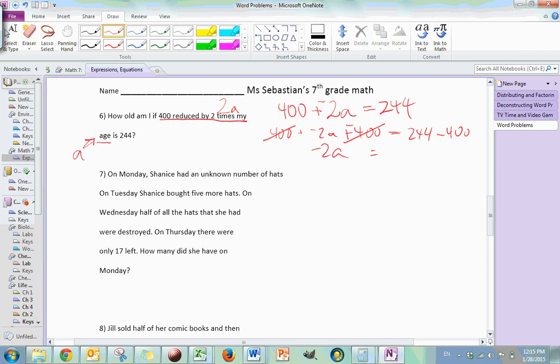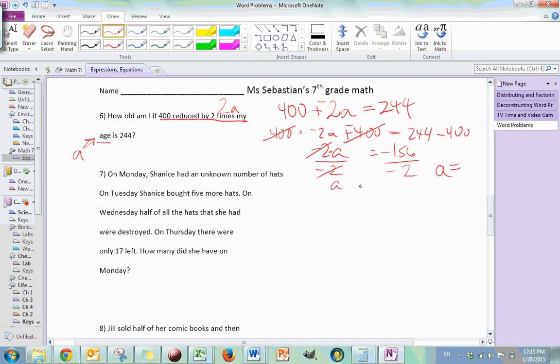And then on the other side, I'm going to do this math real quick, and I come out with negative 156, and now I divide by negative 2 on both sides because I had multiplication, so I got to do the opposite, and I'm going to come out with a, because those cancel out.